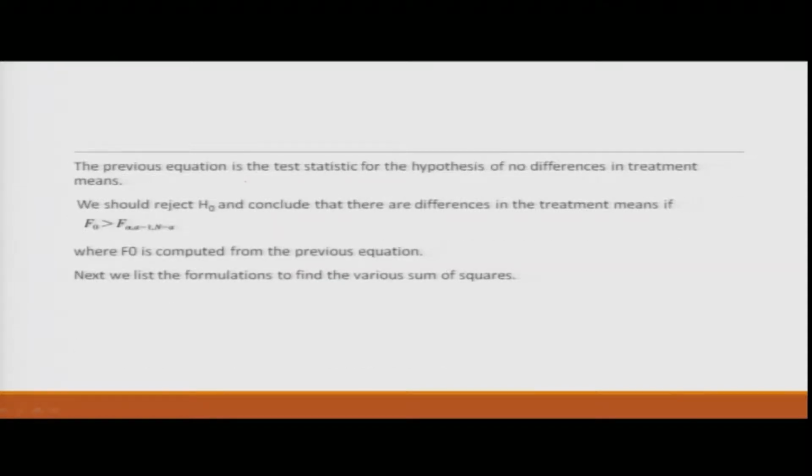The previous equation is the test statistic for the hypothesis of no difference in the treatment means. We should reject H naught and conclude that there is a difference between the treatments based on the F value which I find out. So, if you remember, for less than type, greater than type, I will try to draw a graph which is a symbolic way of representing the F distribution, because you remember the F distribution is not symmetric.